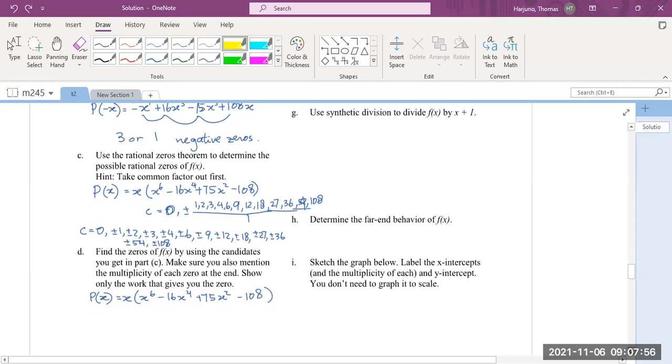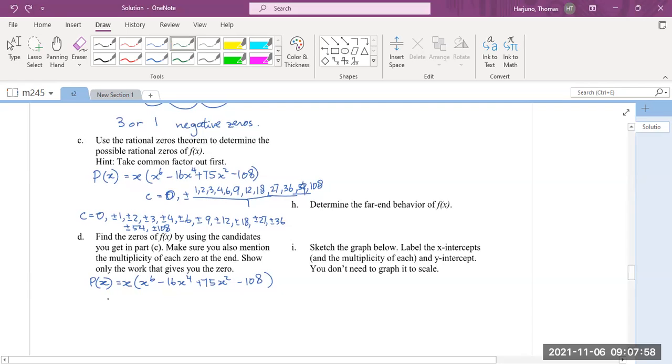Okay. Now, this is our scratch work, right? I use green for my scratch work. 1x to the 6th, 0x to the 5th, negative 16x to the 4th, 0x cubed, 75x squared, 0x, negative 108. Let's try to divide by x minus 2.